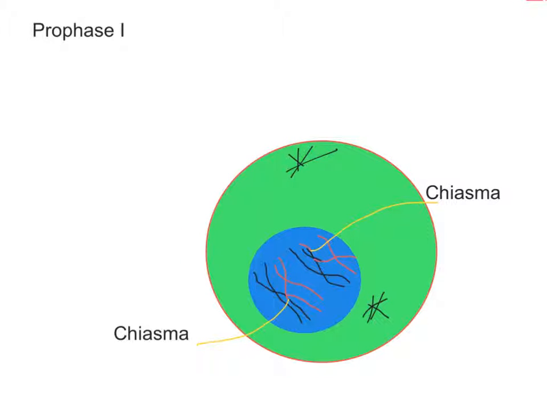After all of the replication in interphase 1, the homologous pairs will cross over, and this is when a part of the chromatid breaks off and then rejoins with the other chromatid. As you can see around this area where the two junctions meet, that is known as the chiasma.